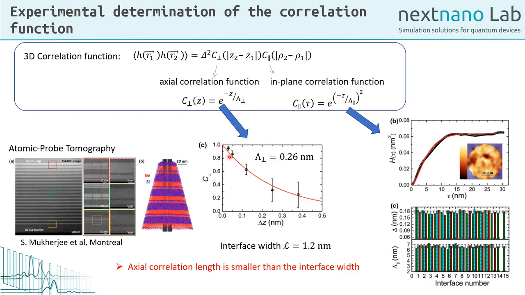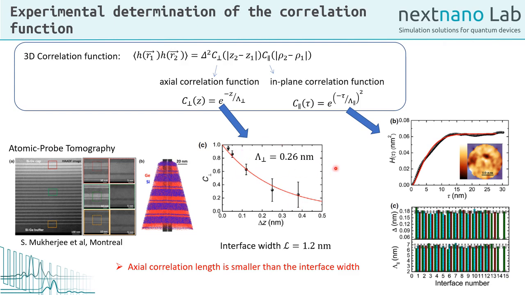We have been able to extract how such points for the axial correlation function behave, and to fit it with a mono-exponential decay.